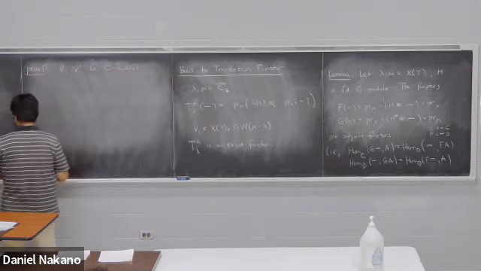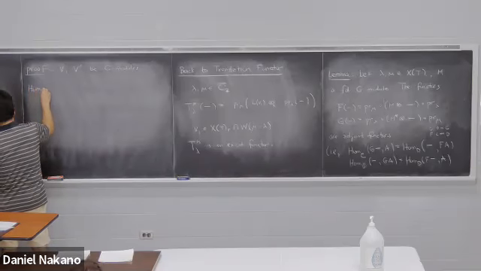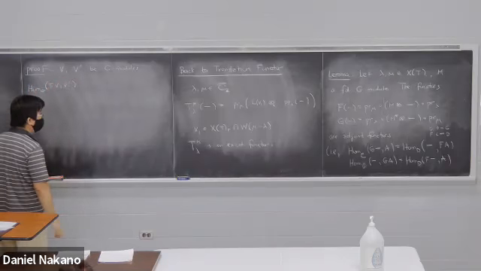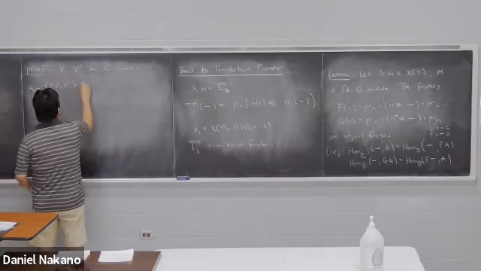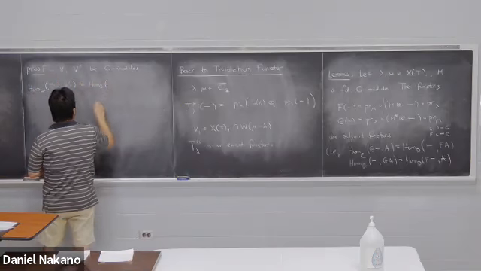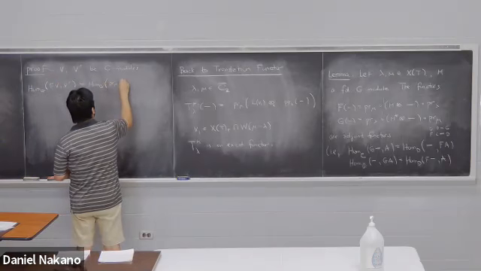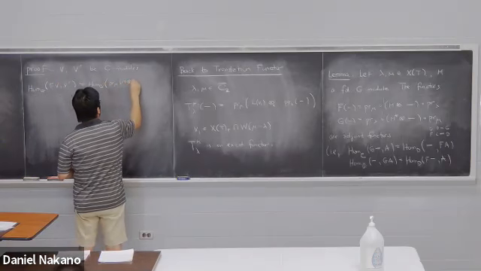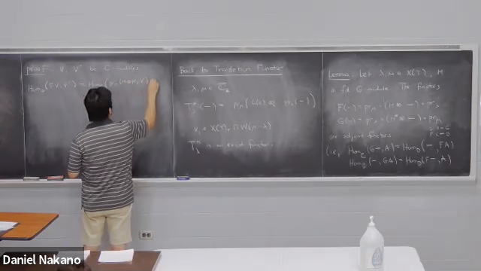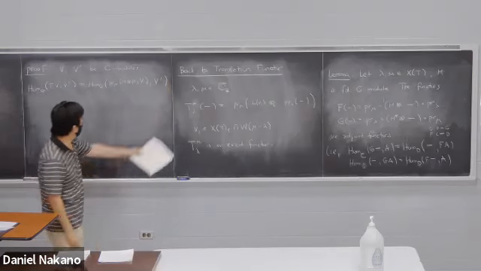Let's look at HOM G, F of V, V prime. Let's write that out. So this is HOM G. What is that? It's PR mu of M tensor PR lambda V, comma V prime. I'm just using the definition of F.